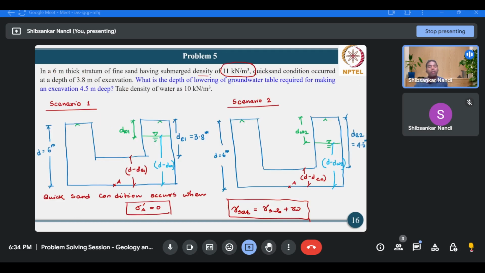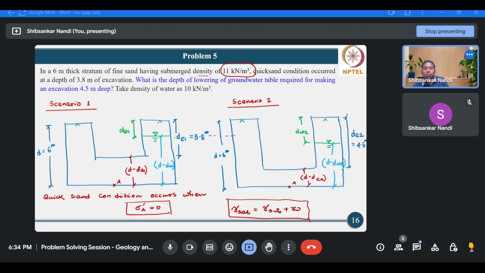So we have identified the location of the groundwater table for both the cases. Therefore, it becomes very easy to get the lowering.